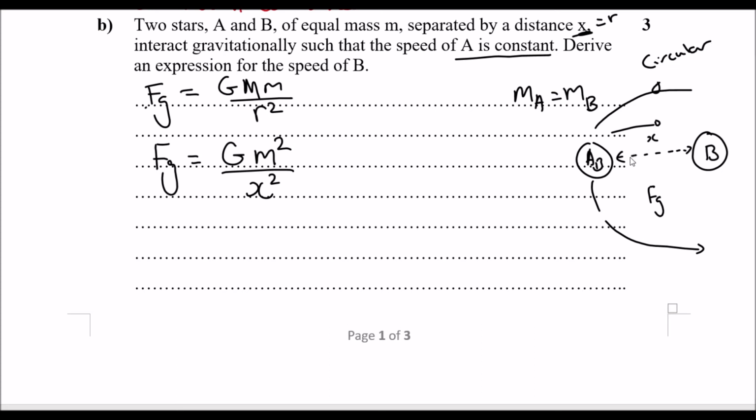Now, if we're seeing a circular orbit, we should also expect that there is centripetal force involved. And we know that centripetal force is mv²/r. In this case, this r here is the radius of orbit.